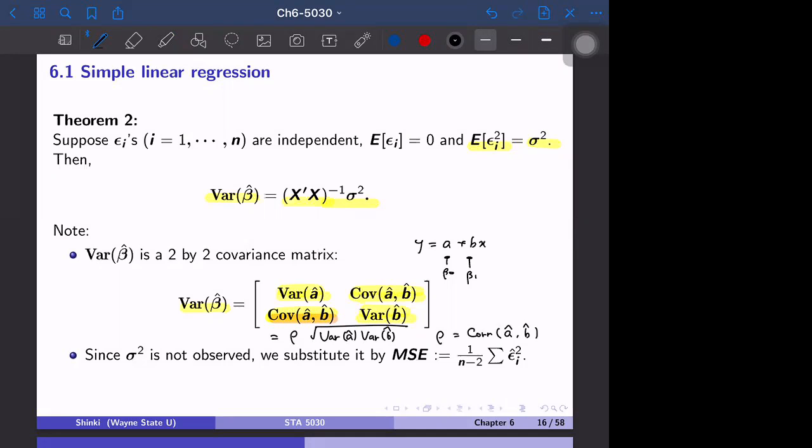So this matrix includes three pieces of information: the variance of A, the variance of B, and the covariance of A and B.